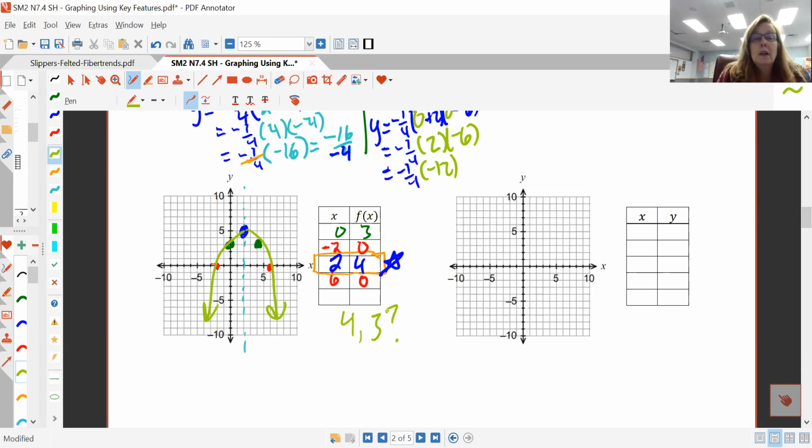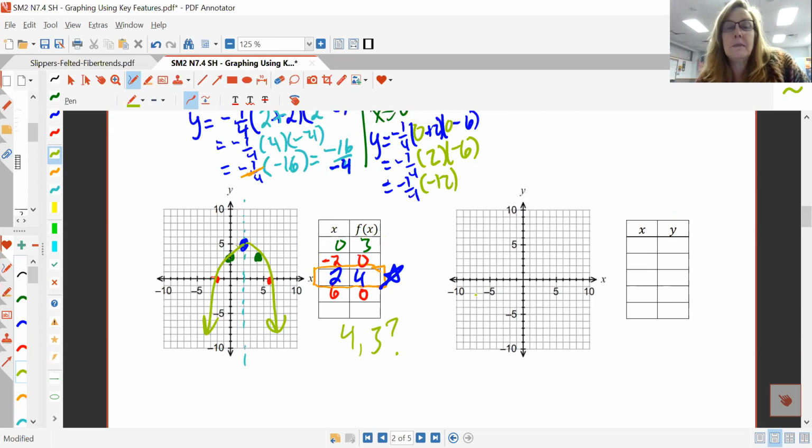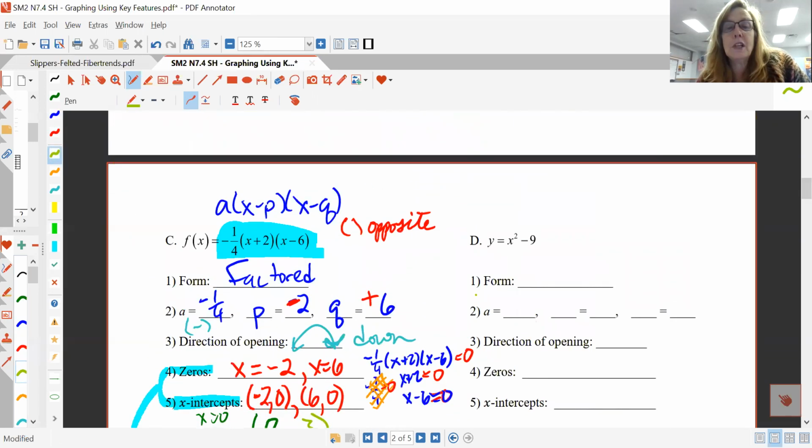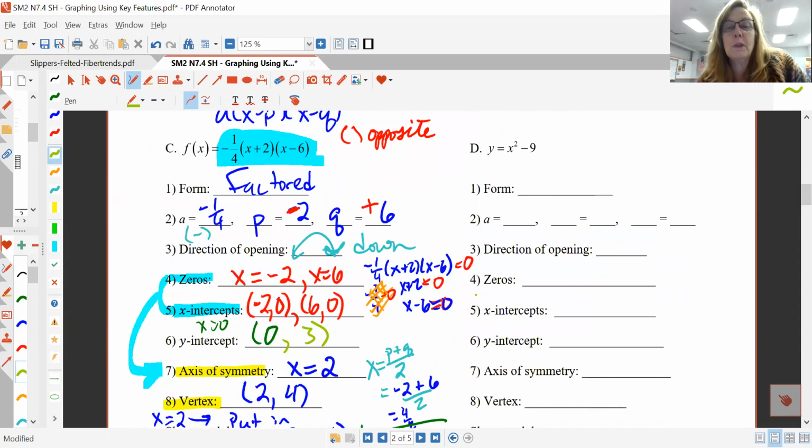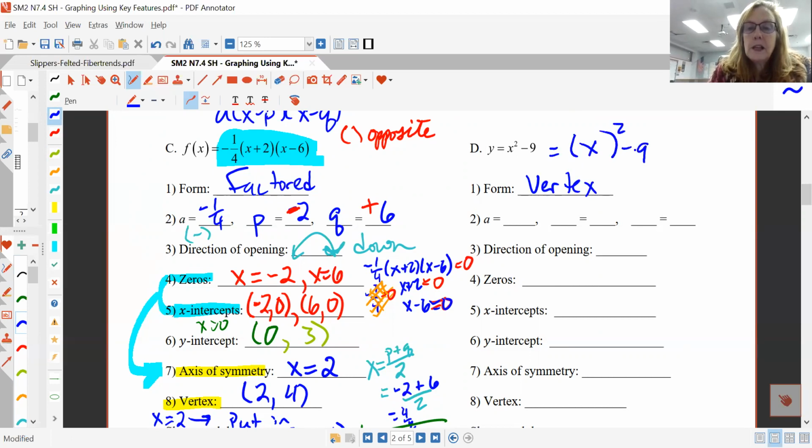All right. Okay, so we have 3 other graphs on this set, but this is the basic idea of what we're doing. So we have vertex form, standard form, factored form. For D, probably the easiest way to do this one is do it as a vertex form set. You can also do it standard form, by the way. But if I would do it vertex form, it'd be x squared minus 9.